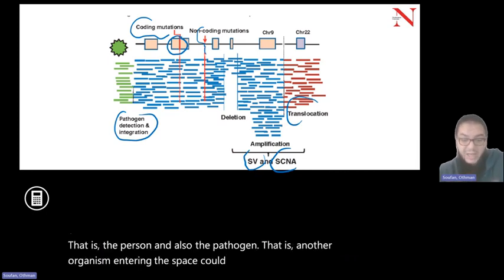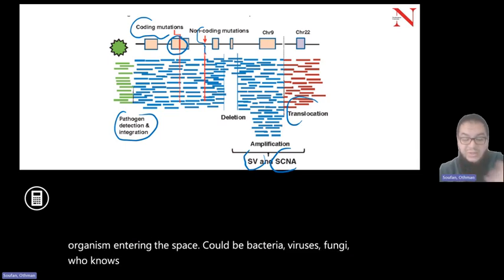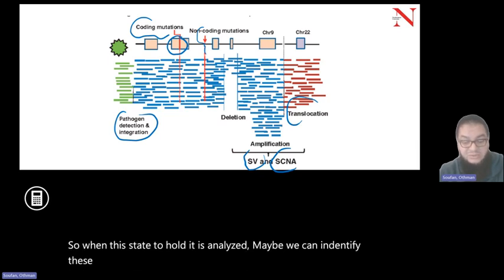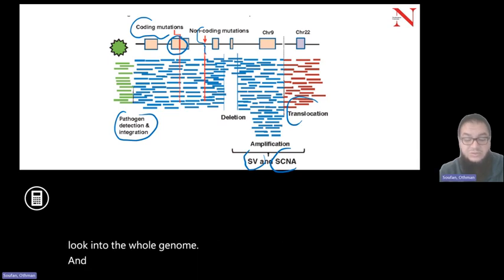Could be bacteria, viruses, fungi, who knows. So when this whole data is analyzed, maybe we can identify these pathogens, especially when we're trying to look into the whole genome and trying to diagnose some infections.